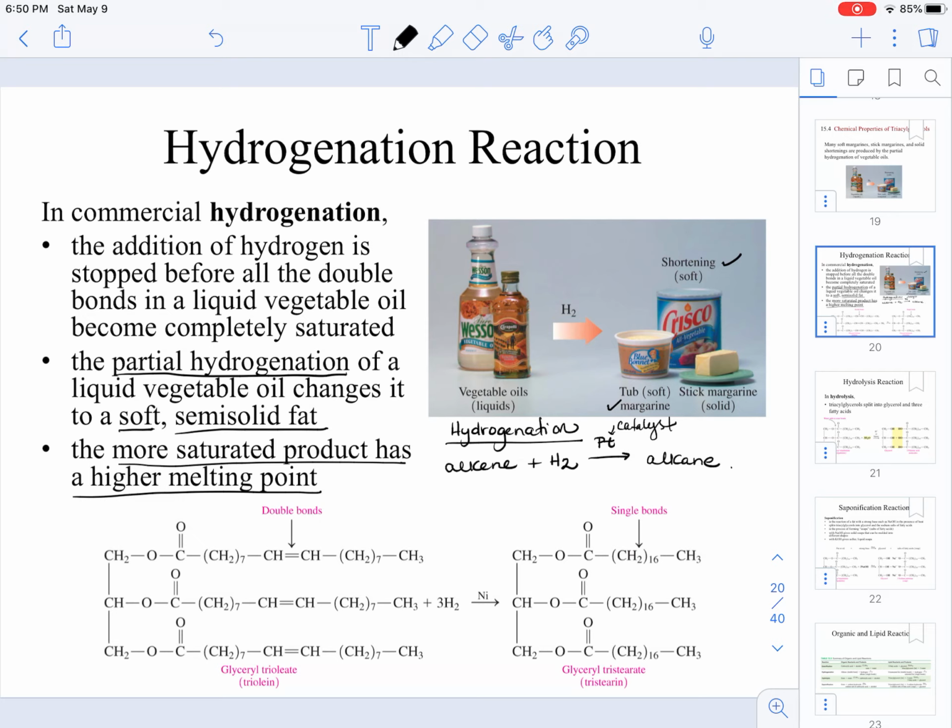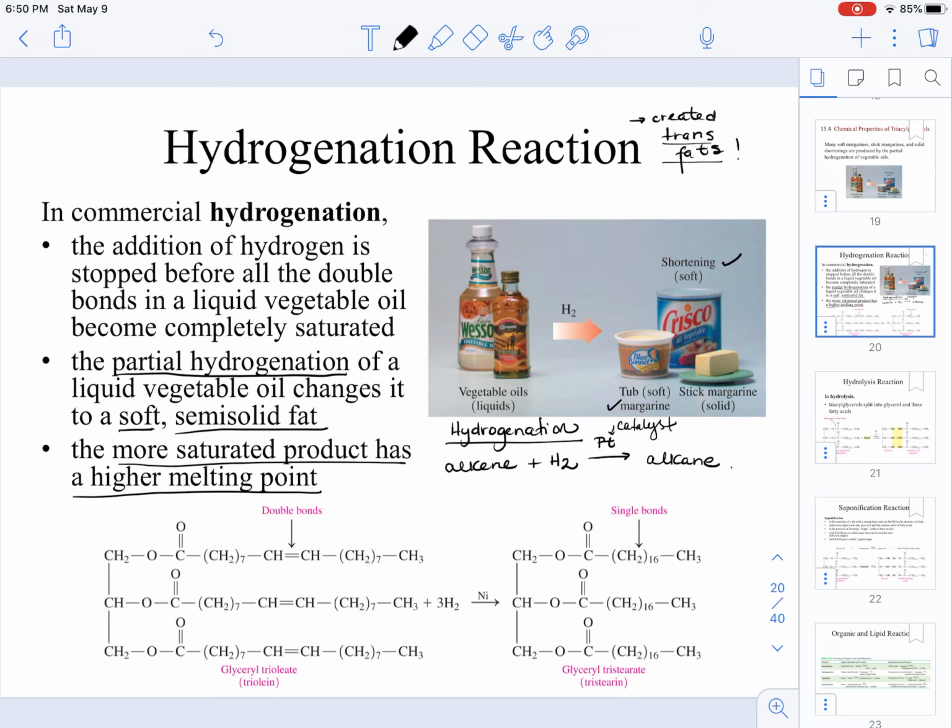Now, one of the things that I should specify is that when this reaction first was initiated and was utilized, one of the problems that was created is that the hydrogenation reaction created trans fats. Okay? And remember, those trans fats is when you have now the groups within the carbon-carbon double bond be on opposite sides of each other.